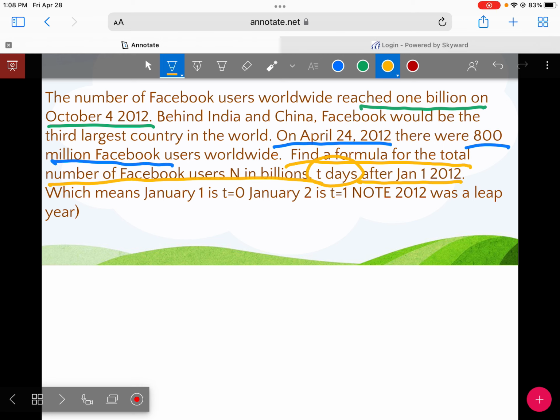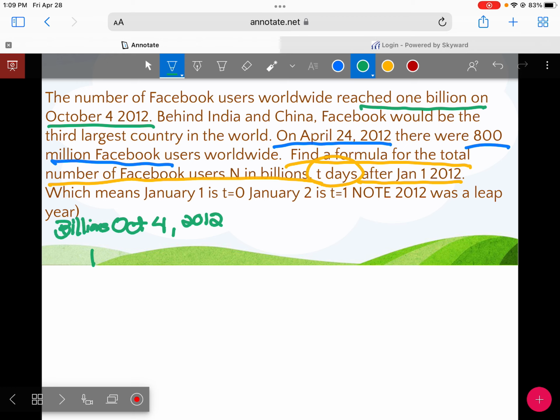All right, so let's go first. This is going to be my October 4th, 2012 side. And we said how many people total at that time? On October 4th? 1 billion. So we're doing this in billions.